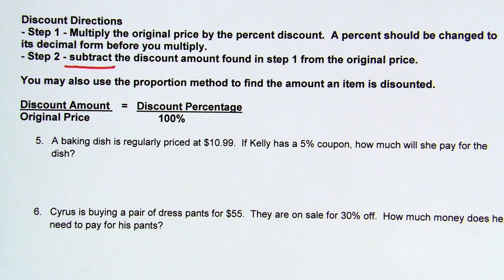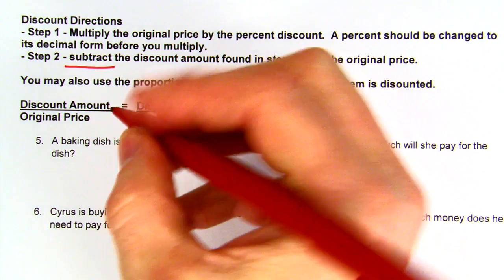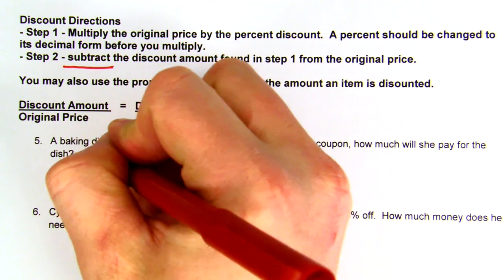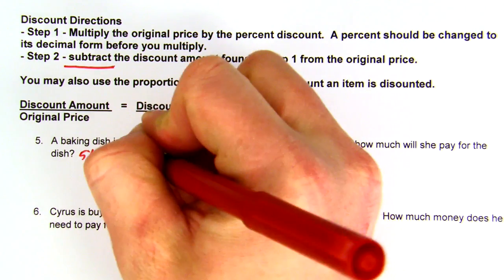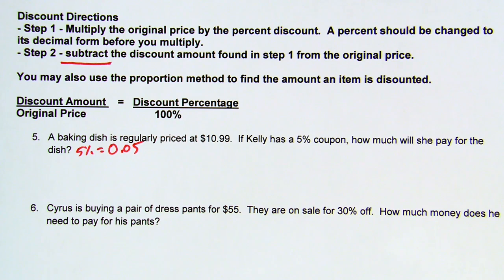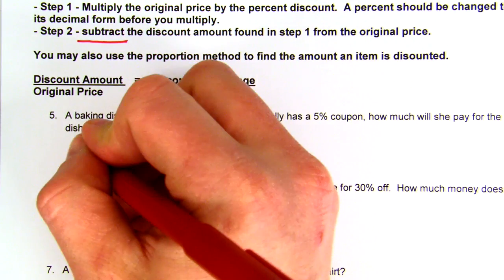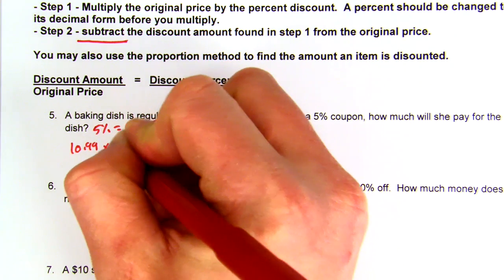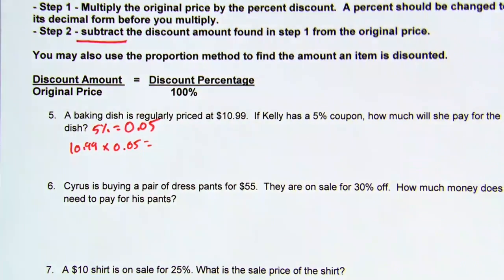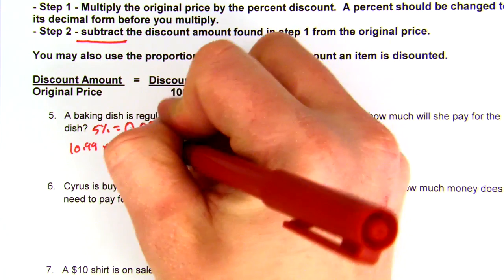Okay. All right, so number 5, we have a baking dish. Its regular price is $10.99. If Kelly has a 5% coupon, how much will she pay for the dish? So first thing, I'm going to do my 5%, and that equals 0.05, not 0.5. I multiply my $10.99 times 0.05, and I get 55 cents.